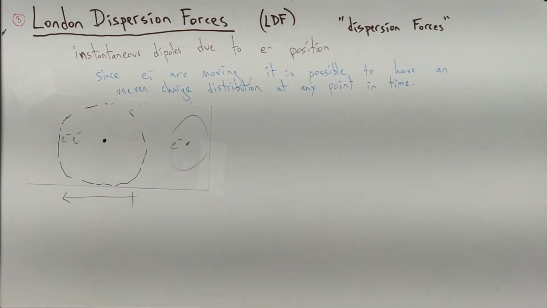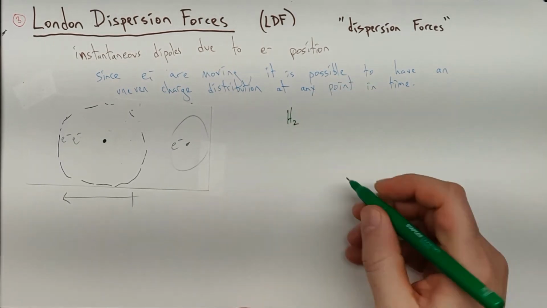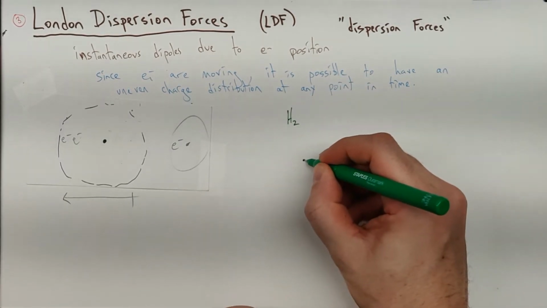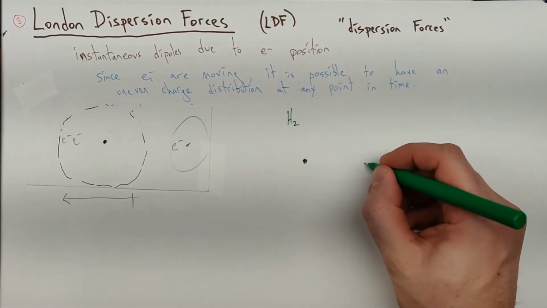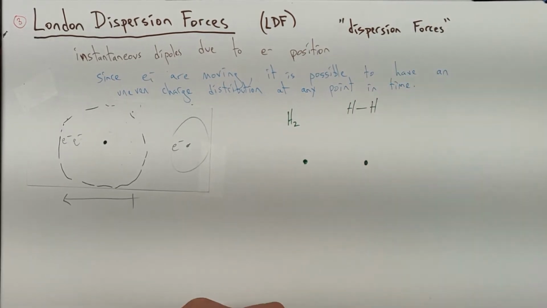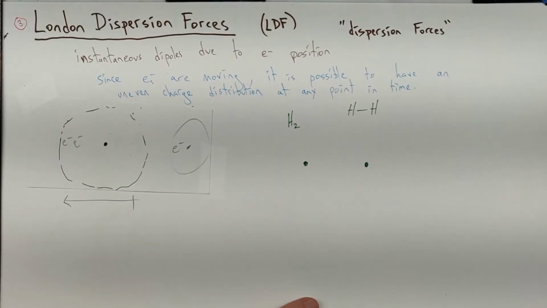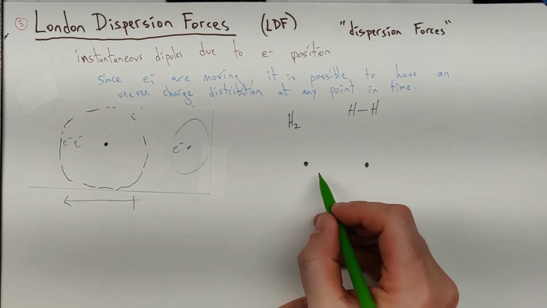If we look at a slightly more complicated but classic example of just say diatomic hydrogen, H2, I'm just going to again fake a nucleus here, but there's our nucleus for one of the hydrogens, and there's our nucleus for the other hydrogen, and then there are two electrons that are shared between those two. And over time, you would expect this to be nonpolar, which is the electrons to be located, again, if it's a Lewis structure, localized between these two things.